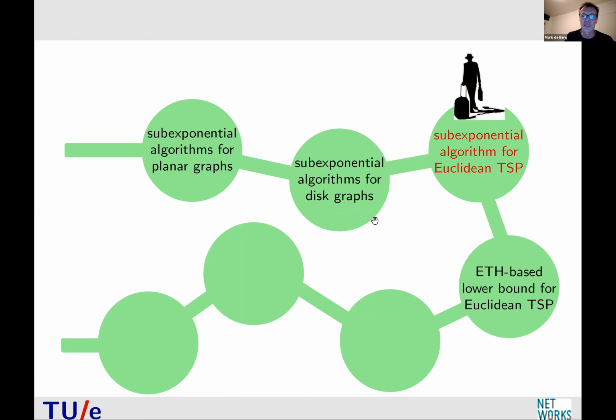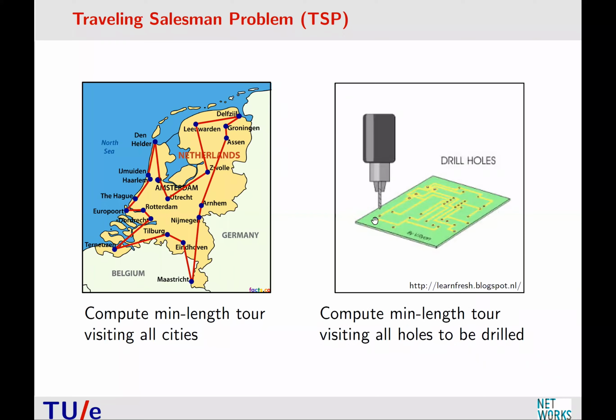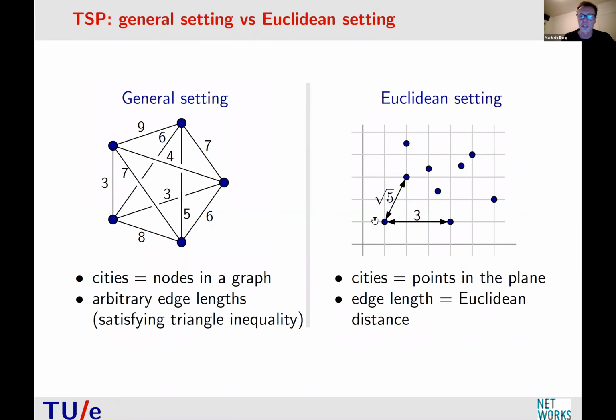So, Euclidean TSP. I guess everybody in the audience will know what TSP is. I want to visit a given set of, let's say, cities using a minimum length tour. There are applications when you want to deliver packages, but also in drilling holes on a printed circuit board and so on. So there are two settings.